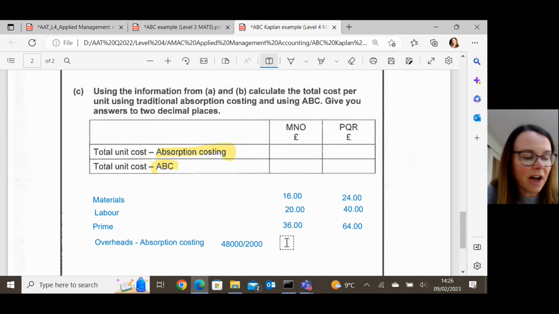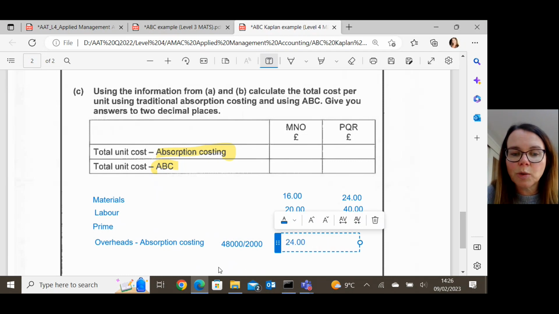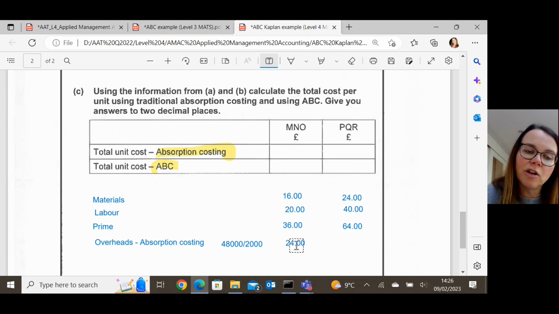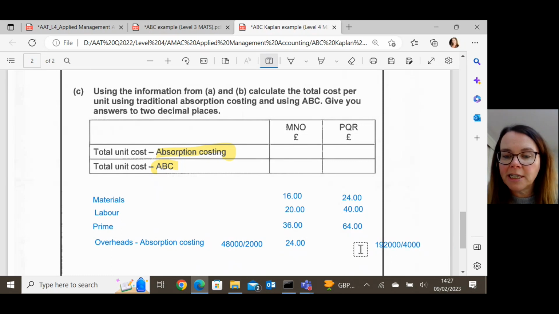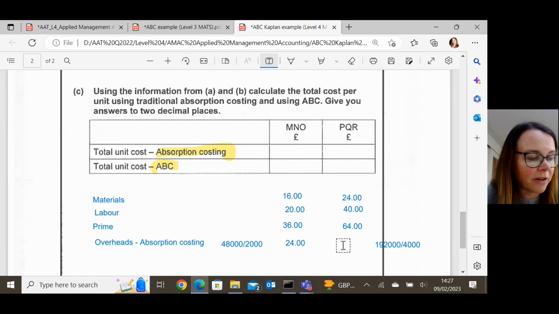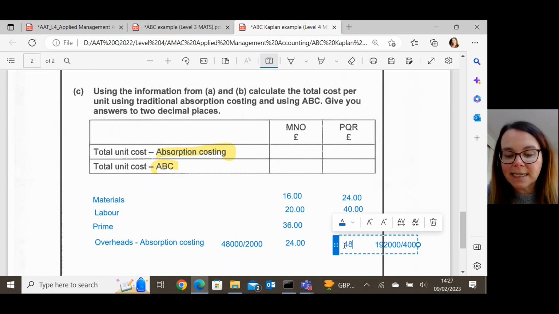So 48,000 divided by 2,000 gives me per unit £24 of overhead using traditional absorption costing for the MNO. For the PQR, part A, I had £192,000 and that was for 4,000 units of production. So 192 divided by 4,000 gives me £48.